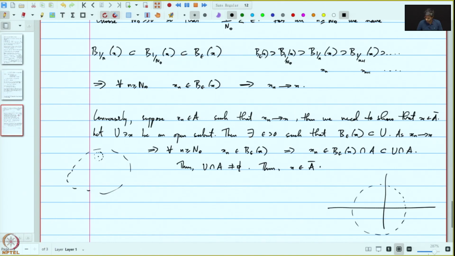The closure of this set, we are taking this open region A equal to x squared plus y squared strictly less than 1. So the closure of this set, A closure, is exactly x squared plus y squared less than or equal to 1. Okay. So we will end this lecture here.